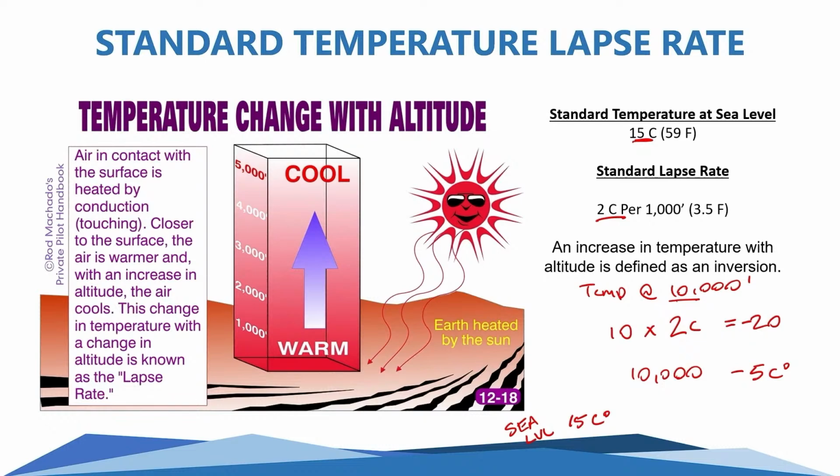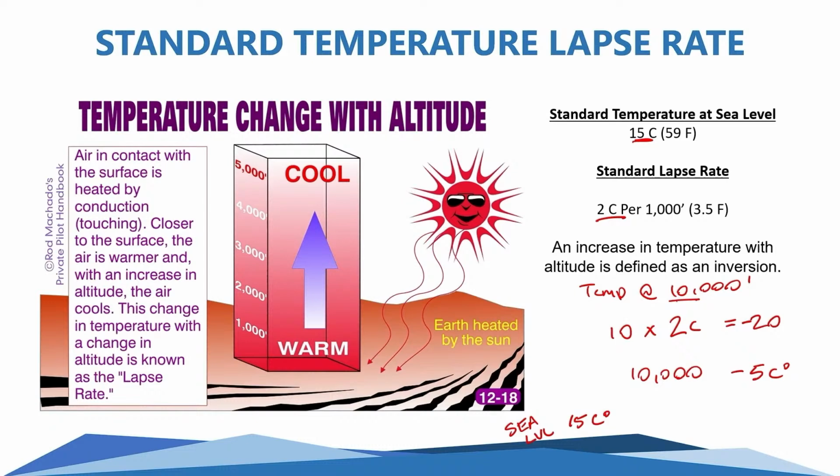We don't want to turn into a giant ice cube. So a lot of times, instrument pilots will use this information. What's the temperature on the ground? It's 30 degrees Celsius, and I want to climb up to 10,000 feet. That's going to be 20 degrees colder, so it should be 10 degrees Celsius. Am I within the freezing range or not? That's what we mean by the standard temperature lapse rate.